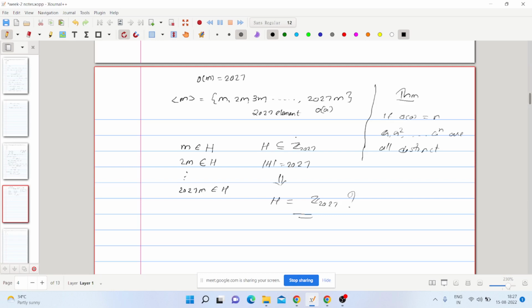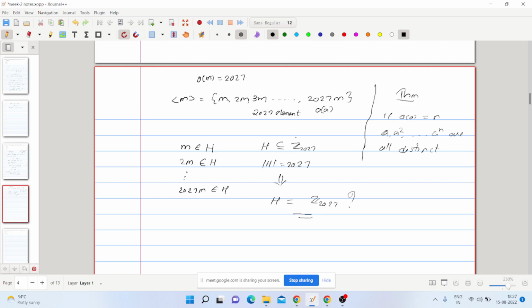H is a subset, or subgroup, of the set Z 2027, and H has the same number of elements as Z 2027. So the only possibility is that they are equal, right? Yes. So H is Z 2027.